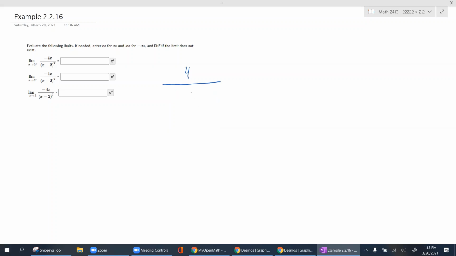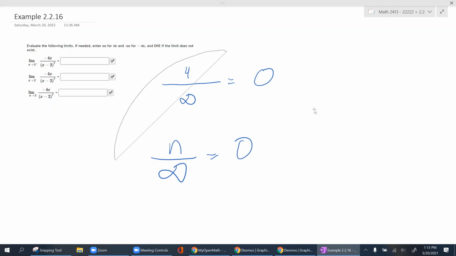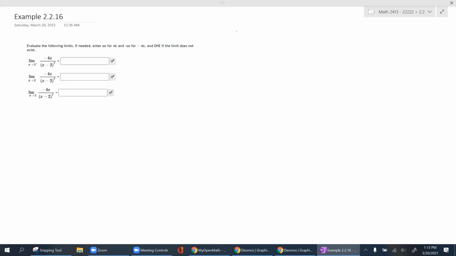So if you have 4 and you're dividing that by infinity, by a very, very large number, this is going to tend to 0. I need us to remember that whenever you have a number divided by infinity, this would give me 0. That's going to approach 0. It's going to be very important for these concepts moving forward.